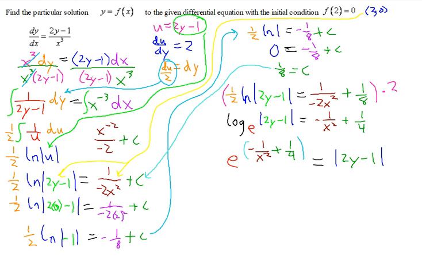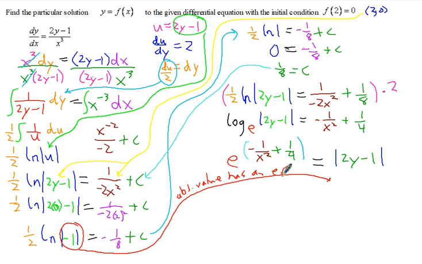All right, so now you have to decide, sometimes on these problems an absolute value has an effect, and sometimes it does not have an effect. So the way you tell is look back when you solved for c, when you plugged in a point. In this case, notice we had a natural log of a negative 1. So because of that, the absolute value did have an effect. And when it has an effect, what it does is it essentially multiplies by negative 1.